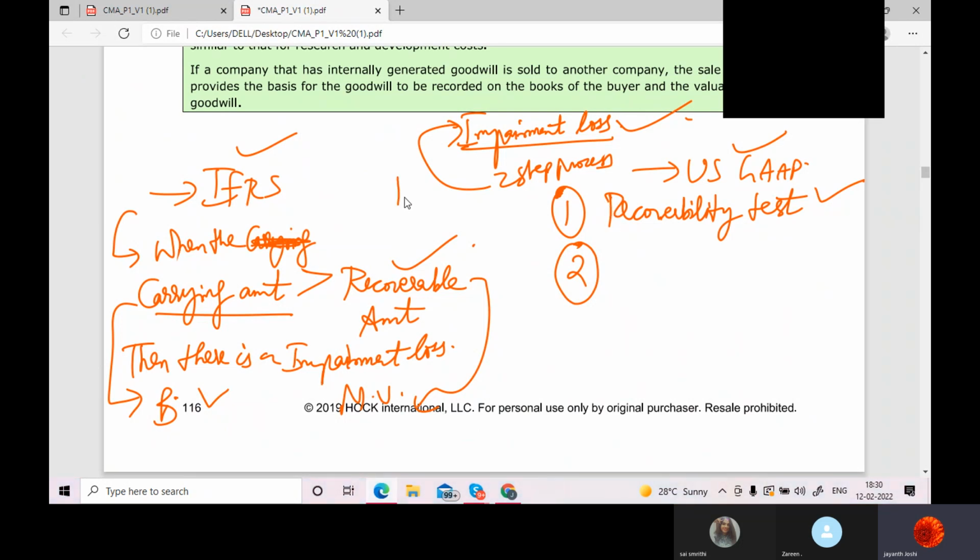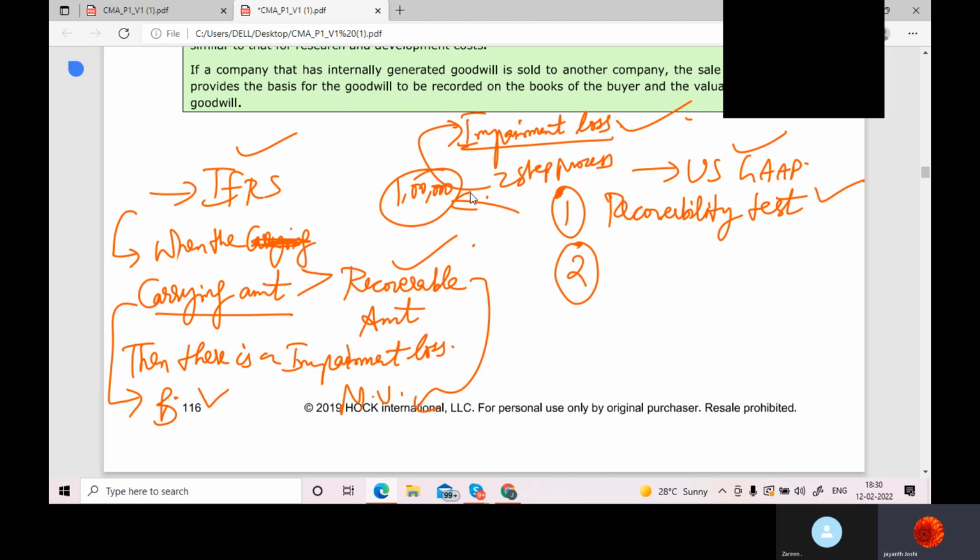Suppose the asset is of 1 lakh and you want to recover this 1 lakh of asset from the usage of this asset. Please understand my words. The asset or the machine which you have bought for 1 lakh, you are using for some purpose in your business.